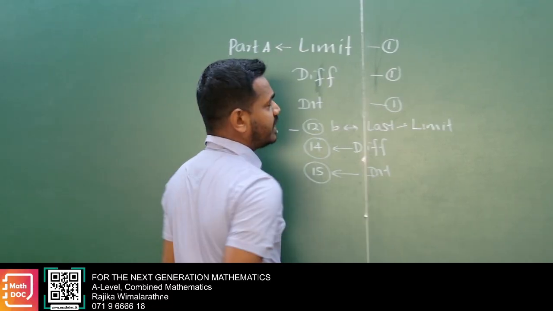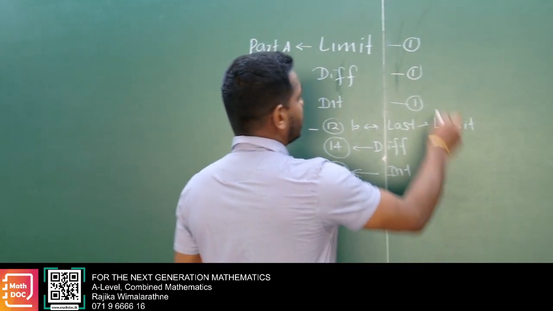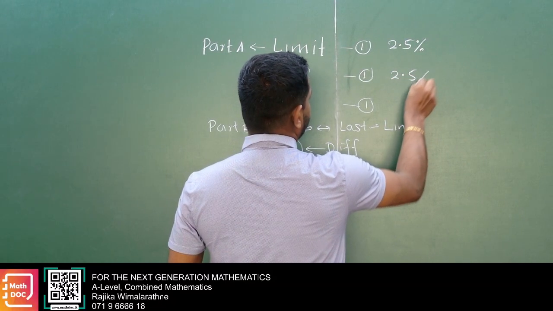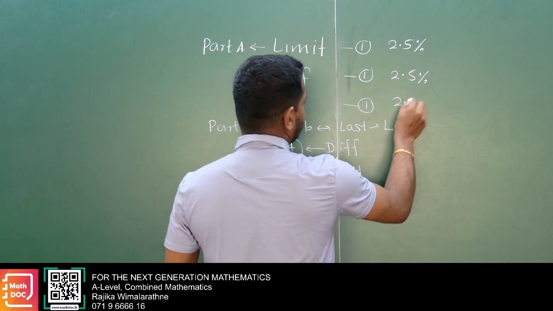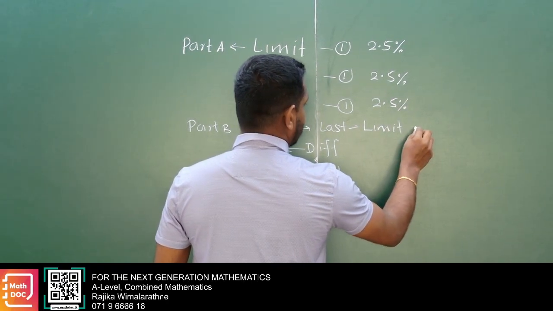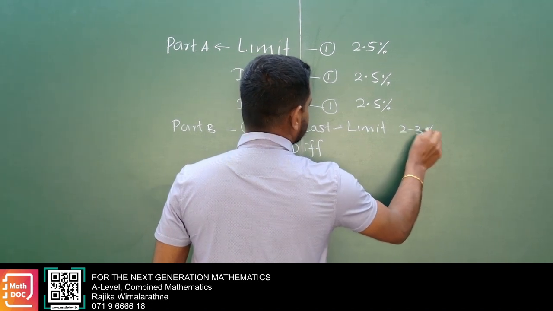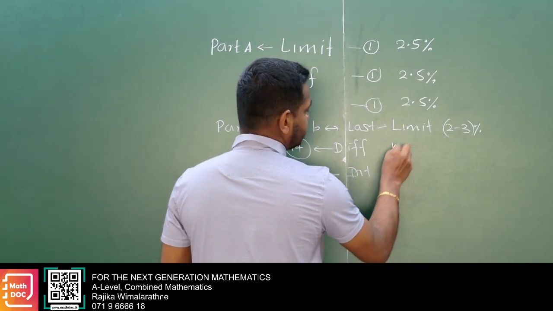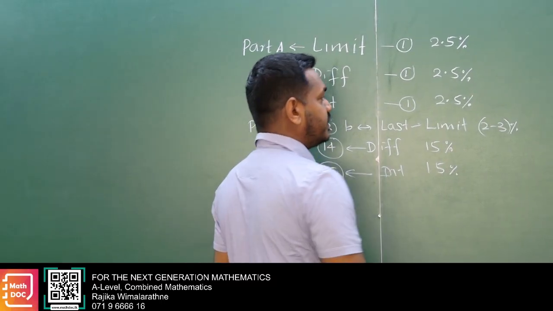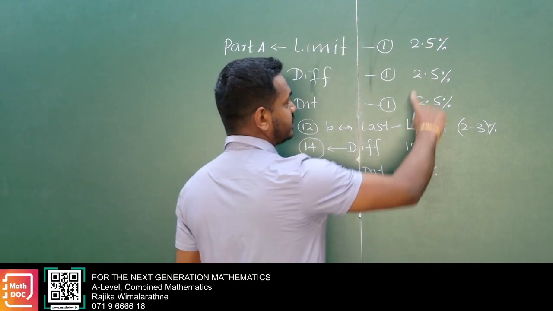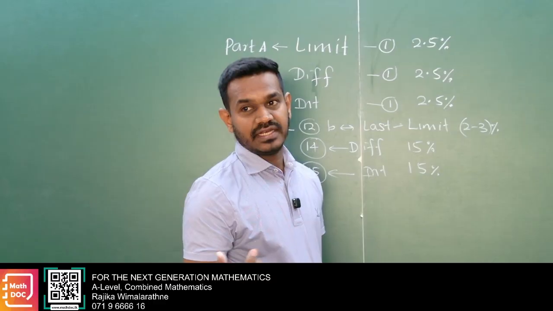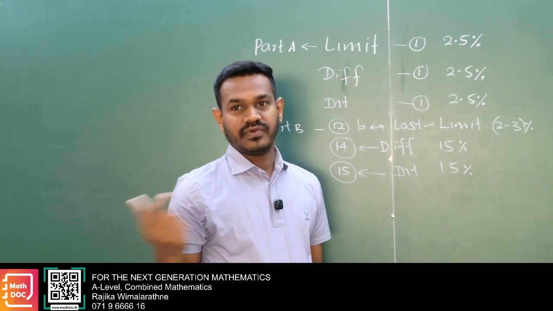There are 2.5 marks for pure paper here, and for limits at least 2 to 3 marks, and for differentiation 15, integration 15. Altogether around 39 marks will be there for limits, differentiation and integration. Very important session.